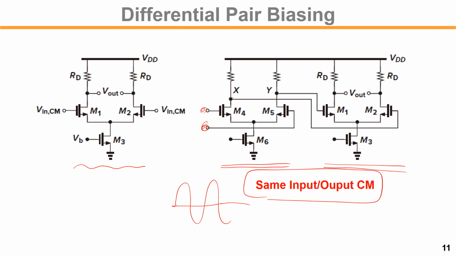So you have to make sure that for the common mode and signal swing range, all devices are in saturation, right?